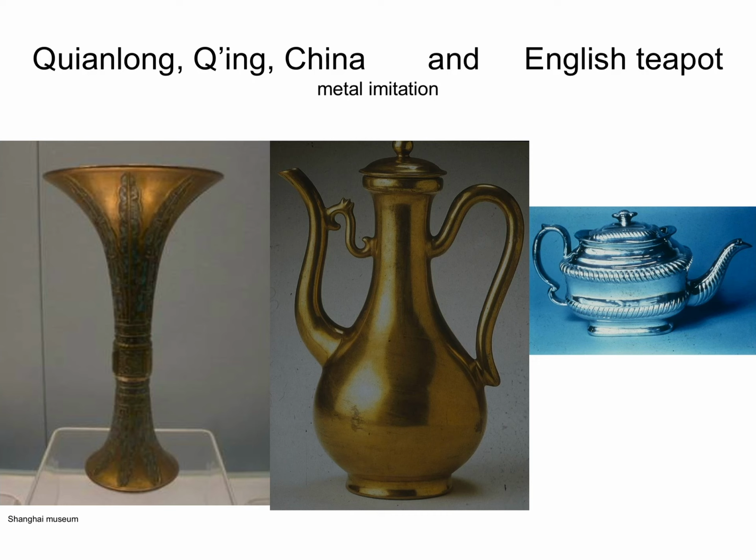The two on the left from Qing, China, which is 19th century China, and the one on the right with the silver luster as an English teapot. And again, this permitted very expensive, pricey material to be used by more mundane people than the aristocracy and the emperor and the rich.